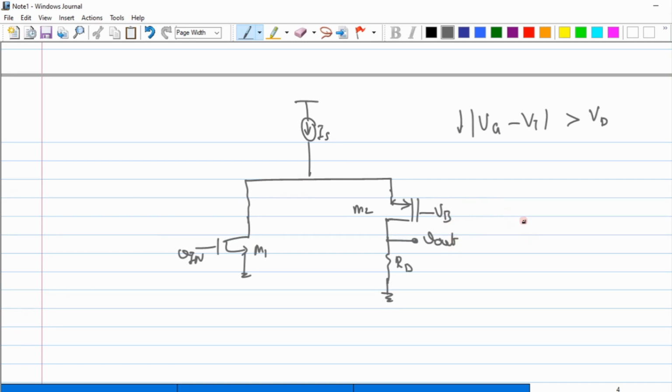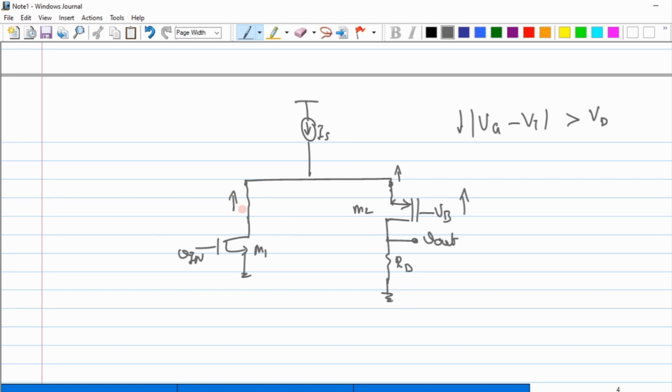Now let us see whether I can push this VB potential higher. When I try to push it higher, what is happening is that it's a source follower, due to which this potential is also rising. It's a source follower for my M2 transistor. So whatever the gate that I have, the same voltage is being followed by the source. So due to which the drain is also being pushed up.